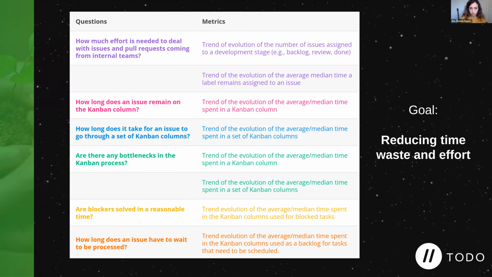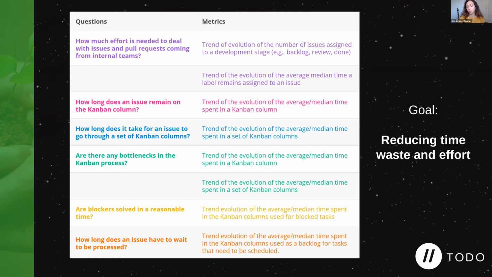We can also ask ourselves, are there any bottlenecks in the Kanban process? To measure that, the trend evolution of the average or median time spent in a Kanban column, or in a set of Kanban columns, can also help to answer this question. And the last one, how long does an issue have to wait to be processed?